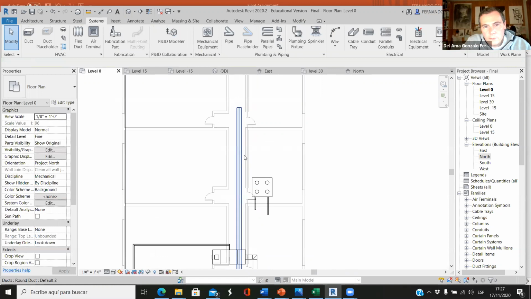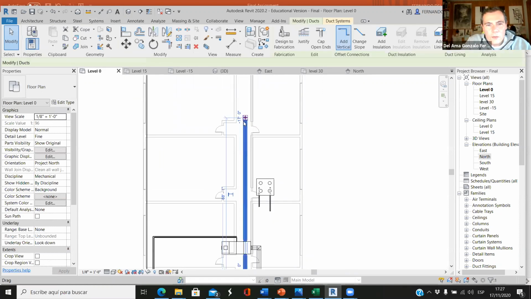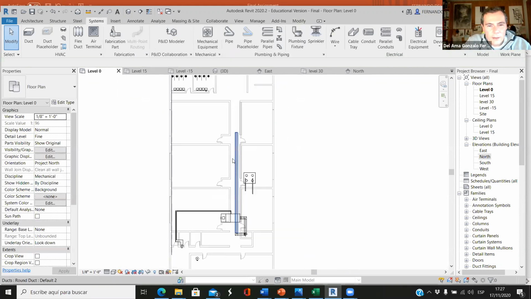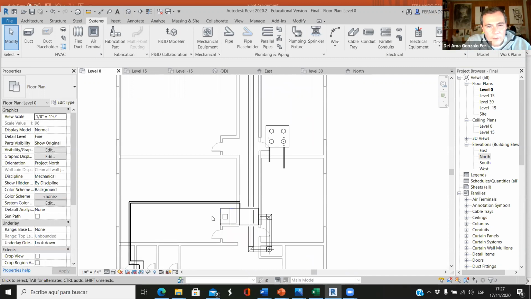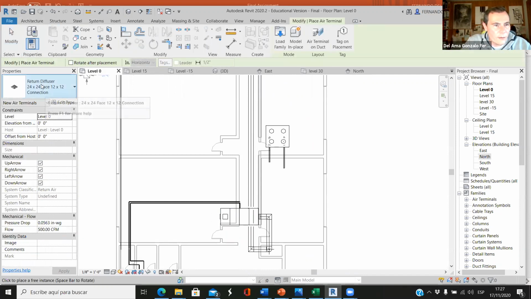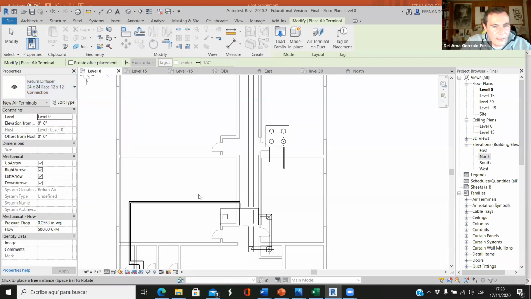Okay, that's better. And now we need to place the supply diffusers. So we have a supply and a return diffuser. We can go to air terminals, supply with 8 neck.